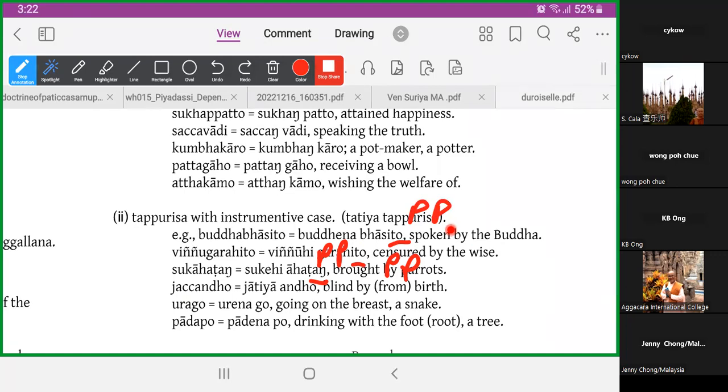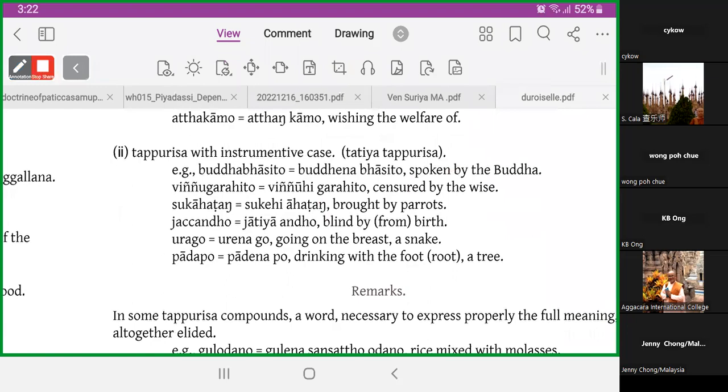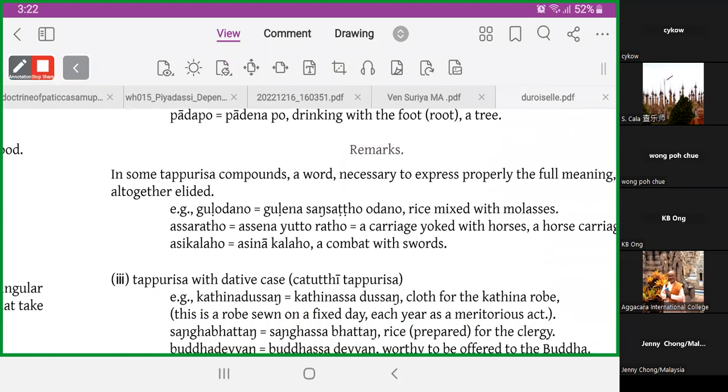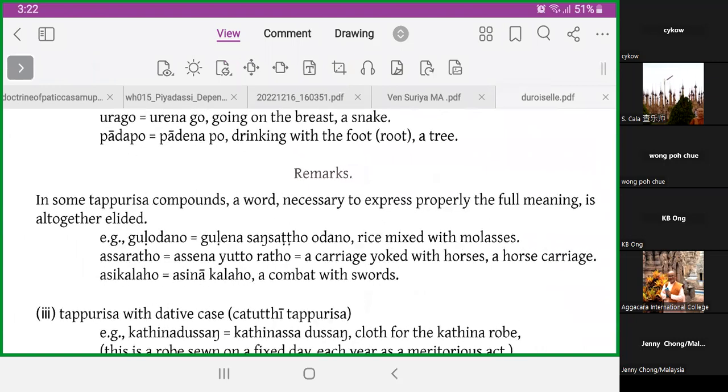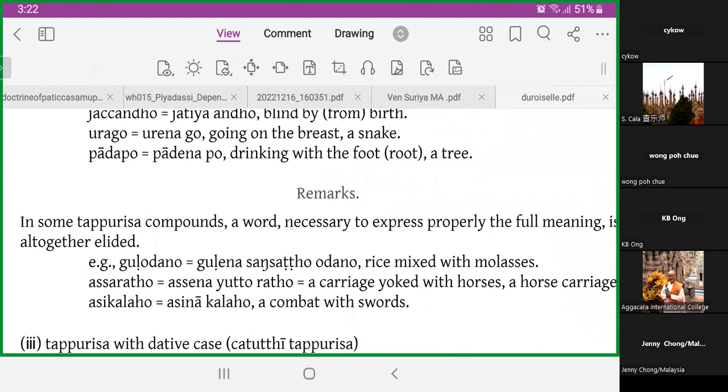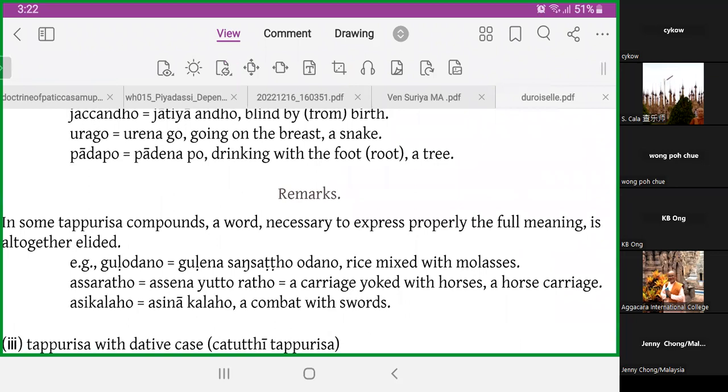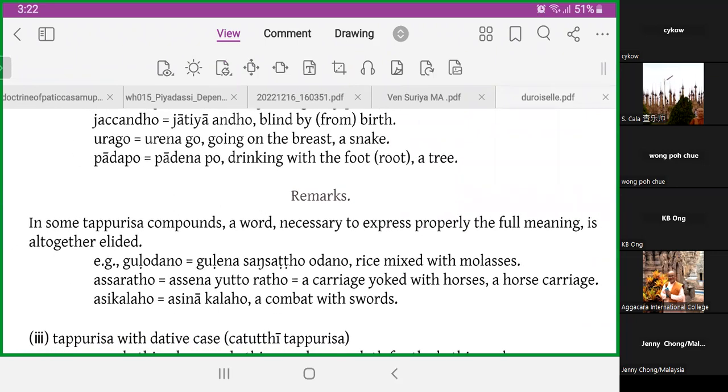All right. So if no question, okay, now there are some more cases here. We can read this one together. Remarks: in some Tappurisa compounds, a word necessary to express properly the full meaning is altogether elided.